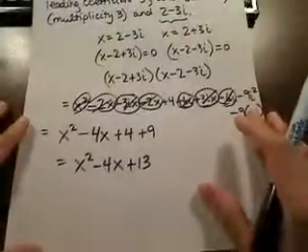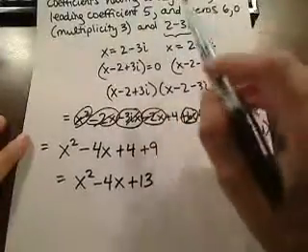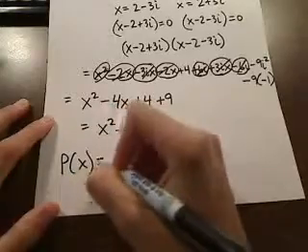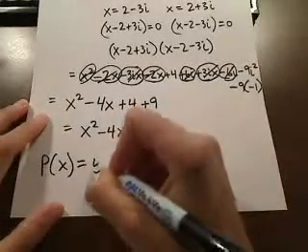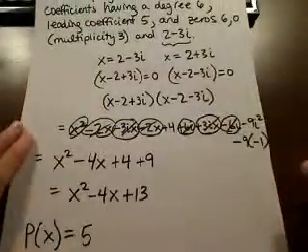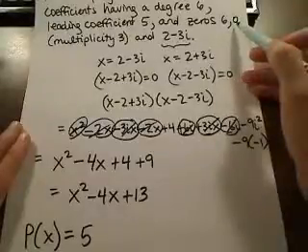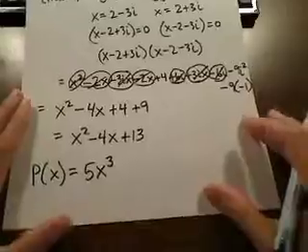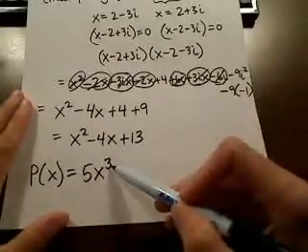Okay, so then we can just assemble the rest of it. They're telling us that we have a leading coefficient of 5, so we know we've got to have a 5. We have a 0 that is coming from x equals 0, so that would just be an x, and they're telling us it's a multiplicity of 3.